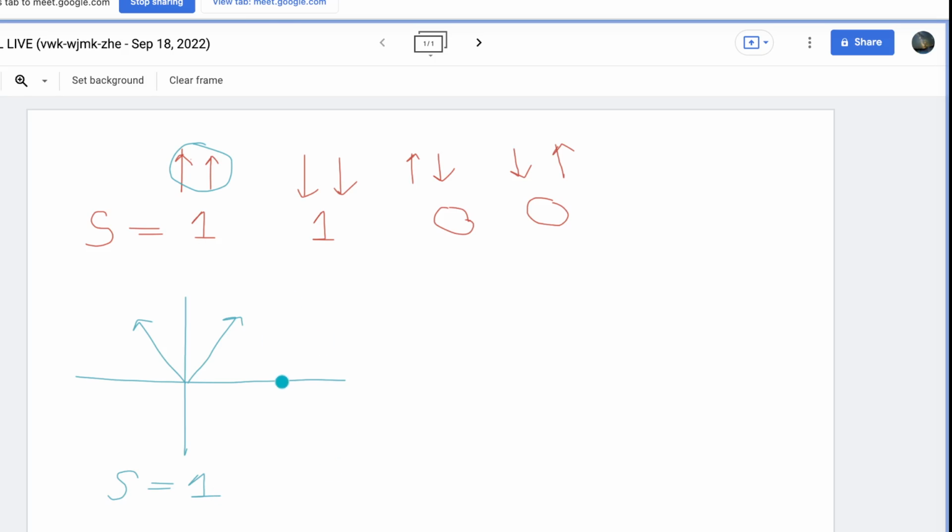These vectors can be arranged in different ways, also for ms minus half.